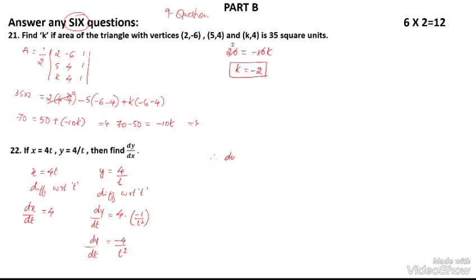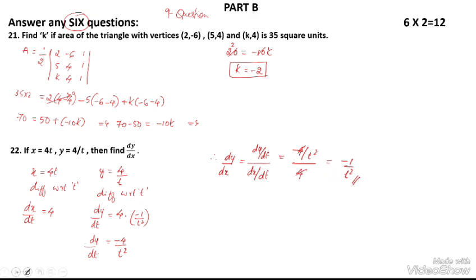Therefore, dy by dx is equal to dy by dt divided by dx by dt. What is dy by dt? Minus 4 divided by t square divided by 4. 4 gets cancelled. We have minus 1 divided by t square. This is the value of dy by dx.